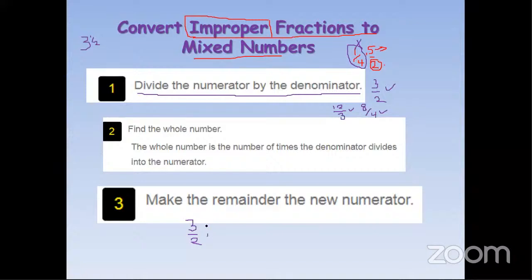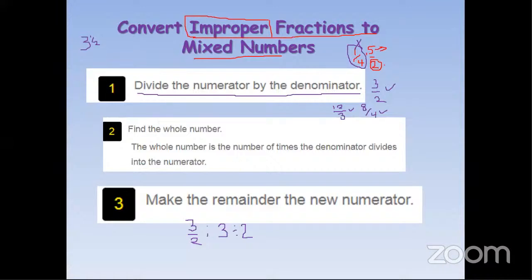Abed: we are going to divide 3 divided by 2. Good. That is our step number 1.